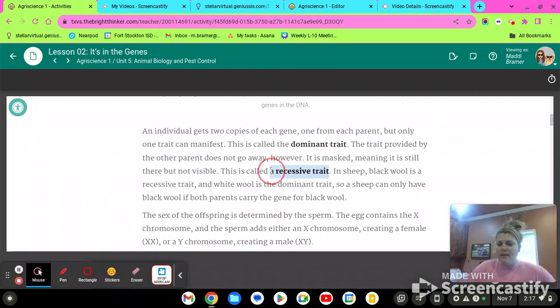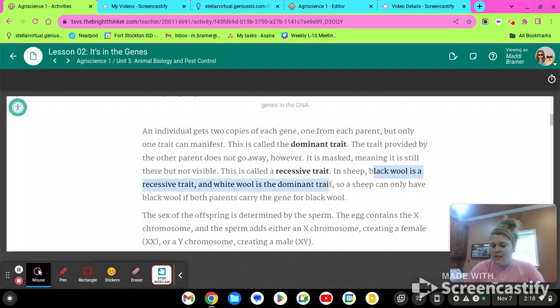And what's kind of cool about this is the recessive trait is going to keep going and going to the offspring, and then all of a sudden it may pop up if it finds another recessive trait and joins with it. So eventually you'll get that red hair. In sheep, an example is that black wool is a recessive trait, and white wool is the dominant.